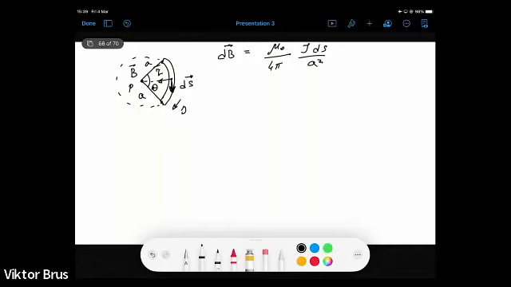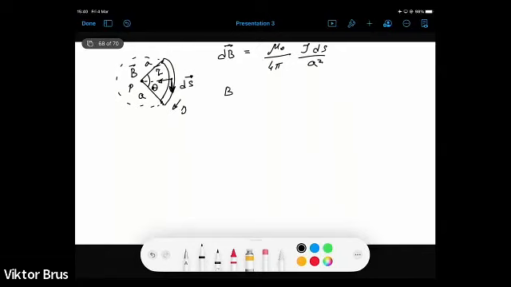Now, without equal, we need to determine the net magnetic field vector. And in order to do that, as we know, we need to integrate.